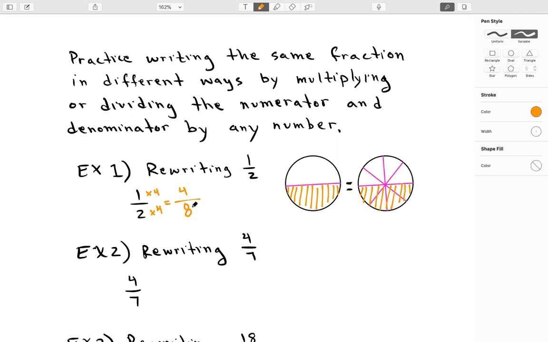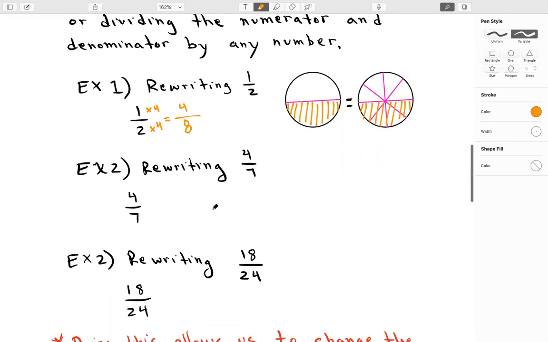That's going to be an important thing for us to be able to do when we add and subtract fractions with different denominators. Let's rewrite 4/7. Now there really are an infinite number of ways you can do this, but I'm just going to rewrite it in one way. So I'll multiply this by 2 and multiply this by 2, top and bottom, both by the same number.